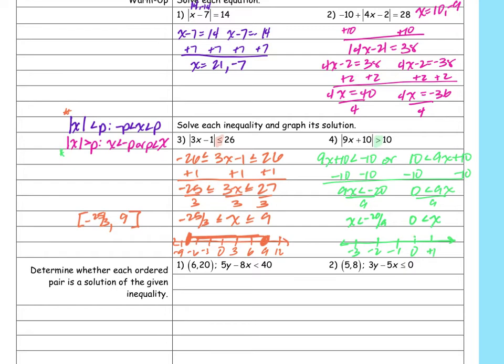I've got an open dot at 0, and x is greater than that, so it's going that way, and an open dot at 2 and 2 ninths, so just after 2, somewhere in there, and it's less than that, so it's going that way. So if I was to write this in interval notation, it would look like negative infinity to negative 20 ninths, not included, joined with 0 to infinity, not included.